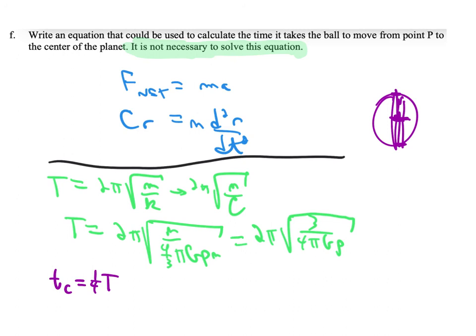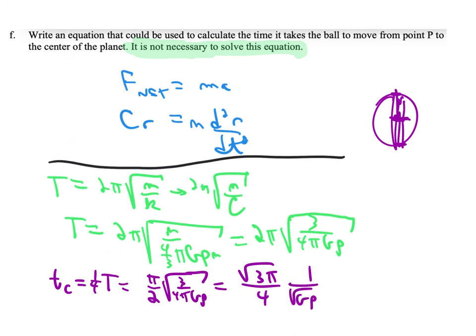So we need to go over here and say it's, what is that, pi over 2 root 3 over 4 pi G rho. And I don't know, do we simplify this? Sure, I suppose. Root 3 pi on the top, a 4 on the bottom, and then nothing else you can do than 1 over root G rho.